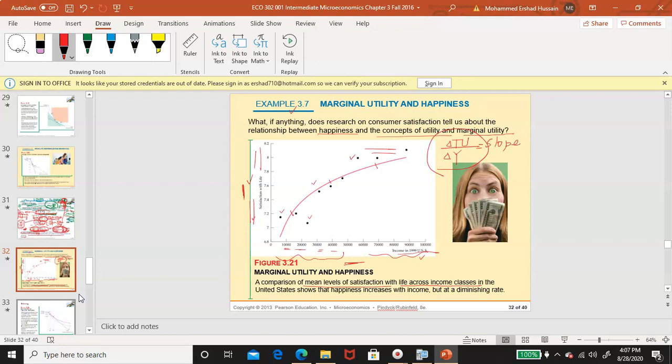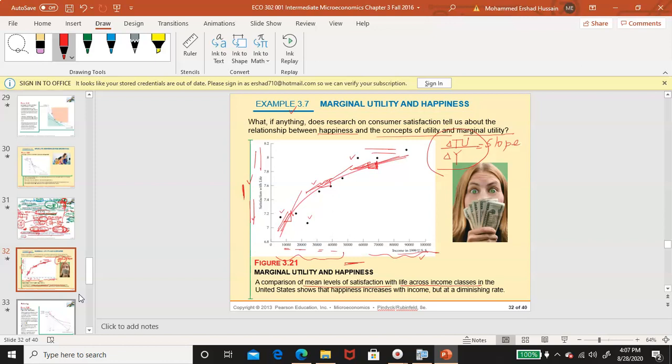And if you imagine the slope at different points on this curve, it will be the slope of the tangents. If you draw successive tangents, right? And compare, look at the tangent slope, the tangent slope is decreasing, right?